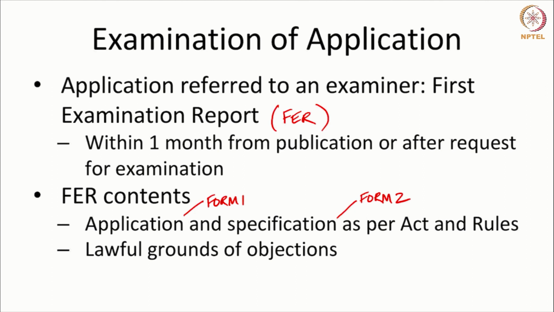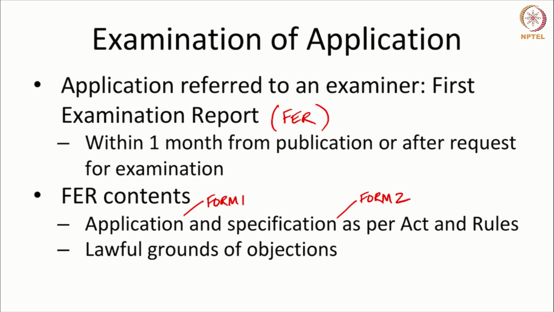Now, the FER will also see whether there are any lawful grounds for objections, if the patent cannot be granted, if there are issues regarding the invention as a patentable invention under Section 3 and 4. There are various other lawful objections that can be raised against an invention. If those lawful objections are not there, then the patent can be granted.